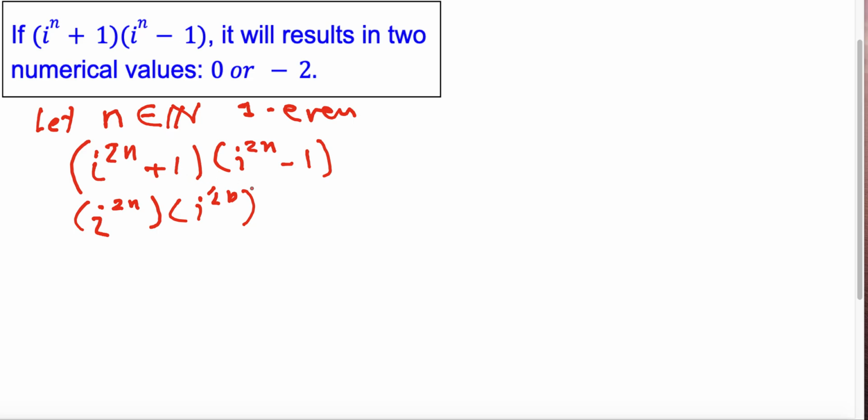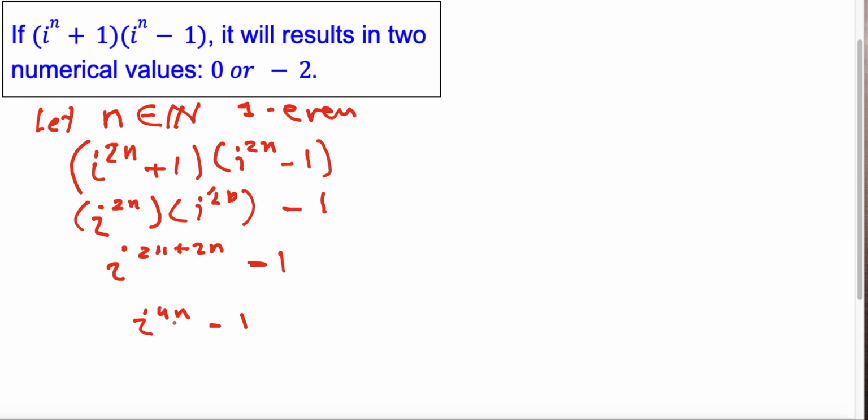The middle terms are going to cancel with each other, and 1 is going to be squared, but because 1 squared is 1. And if I multiply these two, I am adding those, because the base is the same, I'm going to add the exponents, plus 2n minus 1, which is i^(4n-1).